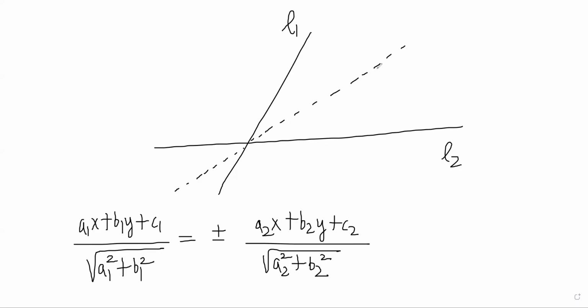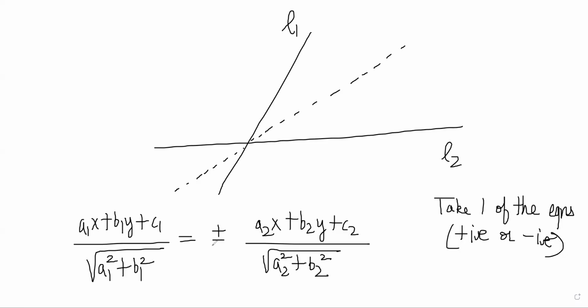Now take one of the equations, either the positive sign or the negative sign. Suppose for now I take the positive sign equation, right? Simplify that line equation, get the line, and then find the angle between this line, B1 let's say, or whatever line B1 you got.